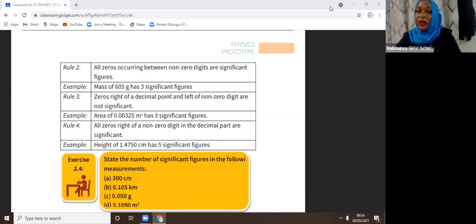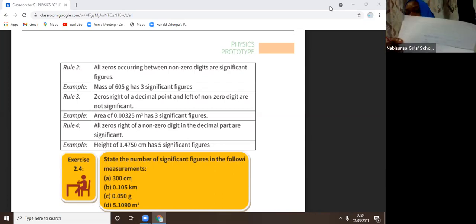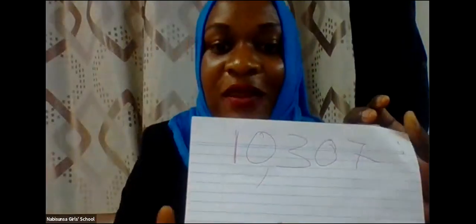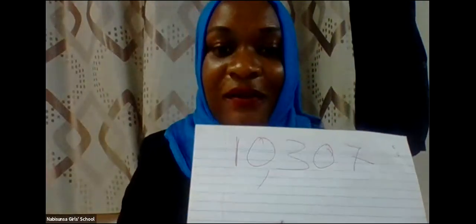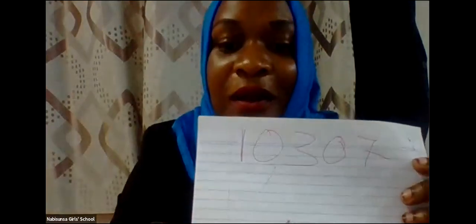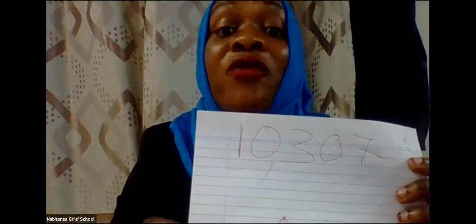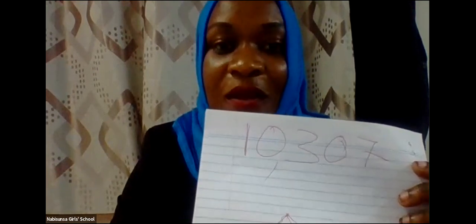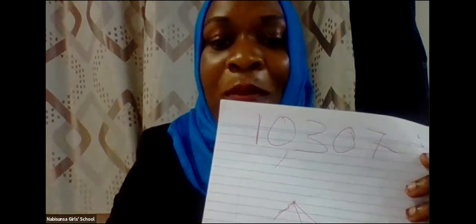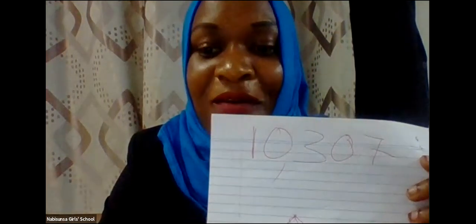Can you see it clearly on the screen? 10,307. How many significant figures does this number have?